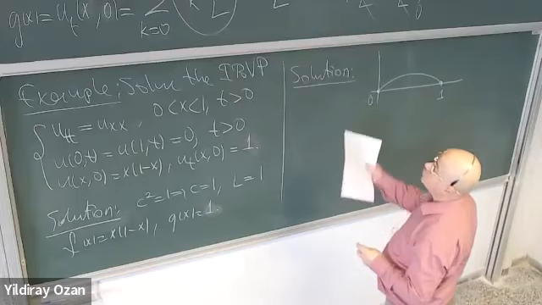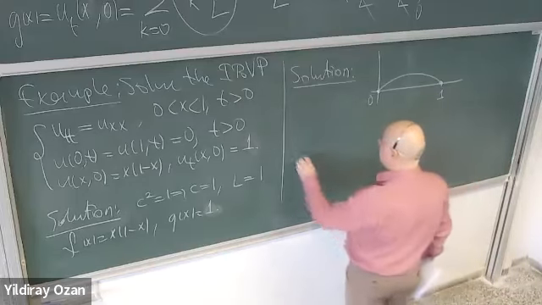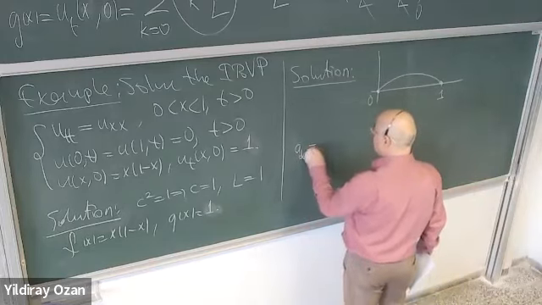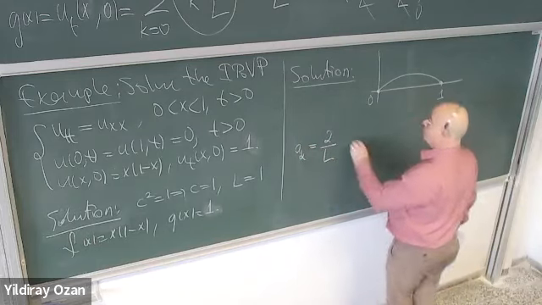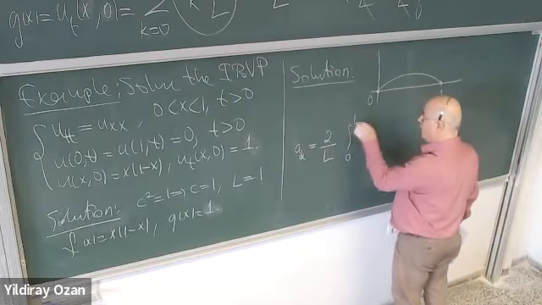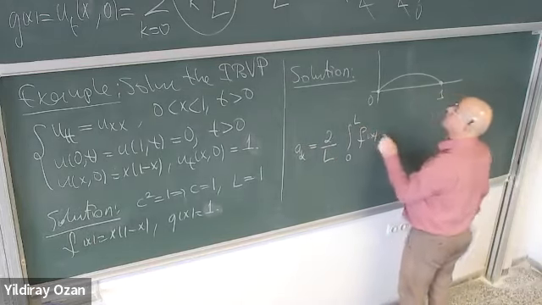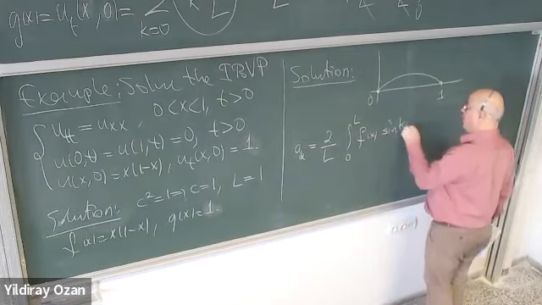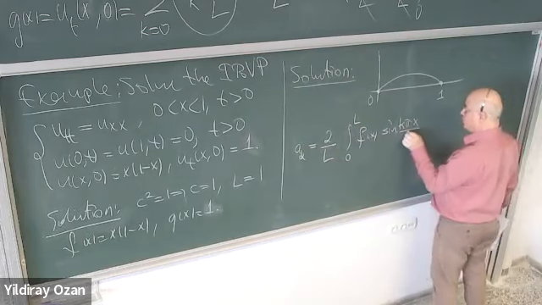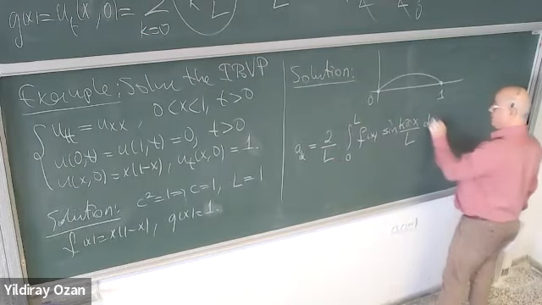All I have to do is just compute a k. a k is just 2 over L times the integral from 0 to L of f of x sine k pi x over L dx.